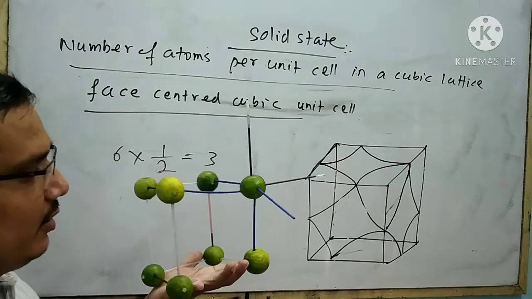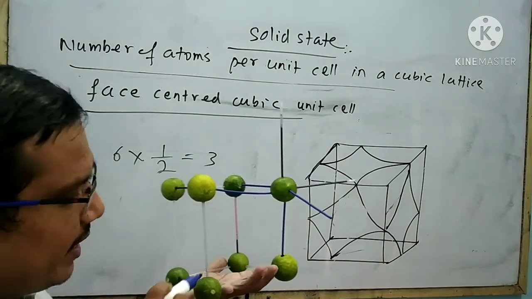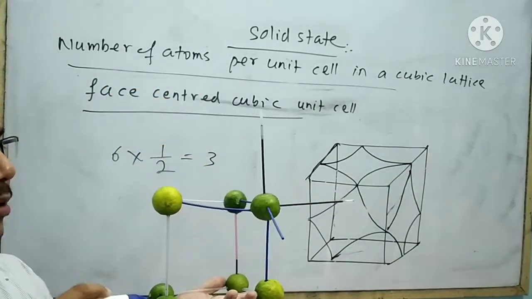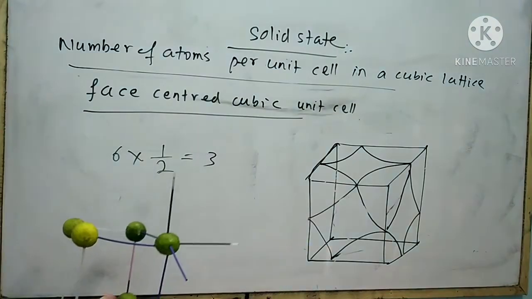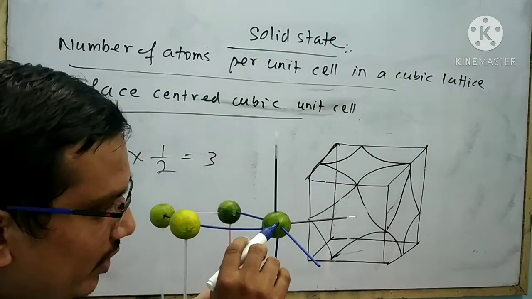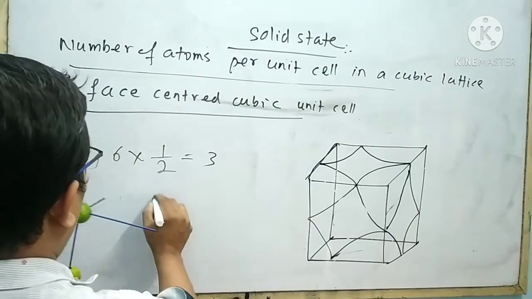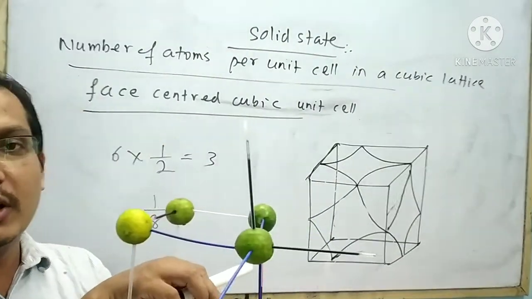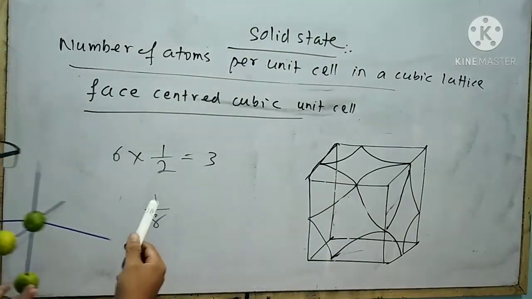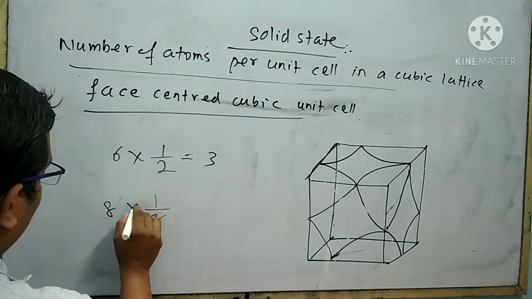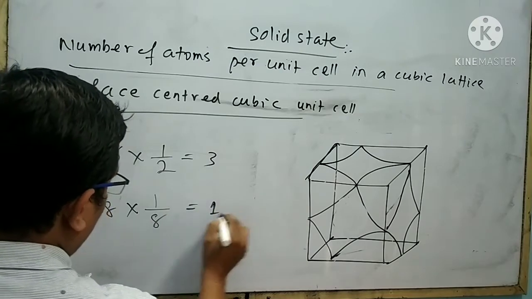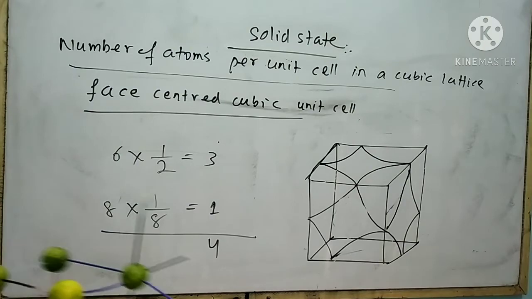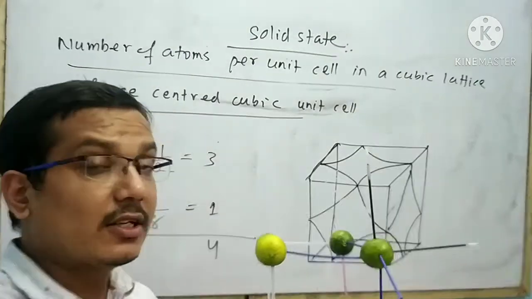On the other hand, 8 constituent particles are present at the 8 corners of the unit cell, and each constituent particle has 1/8 part contribution for the formation of this unit cell. So here I can write 8 into 1/8 equal to 1. That means totally 4 constituent particles are necessary for the formation of this unit cell.